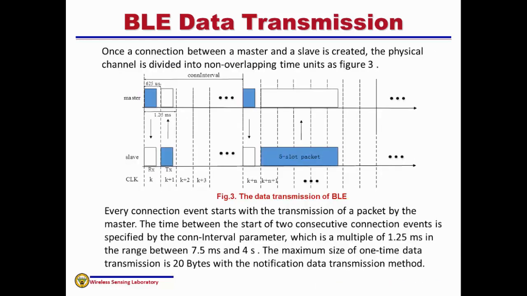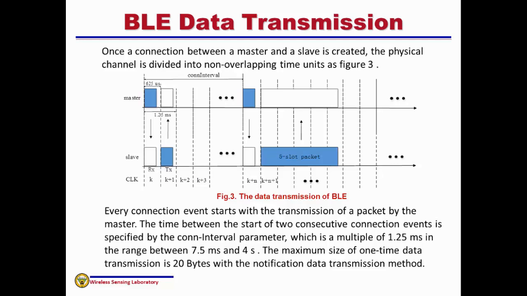In the connection state, the master and the slave transmit at different intervals, with a different unit. The one basic unit is 1.25 milliseconds.